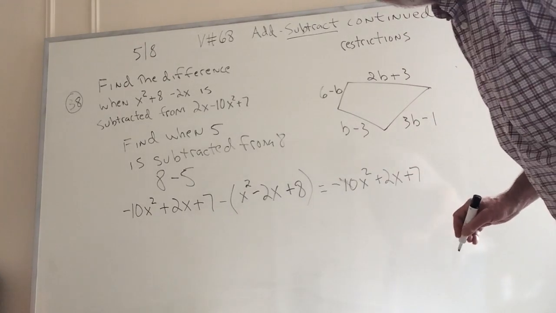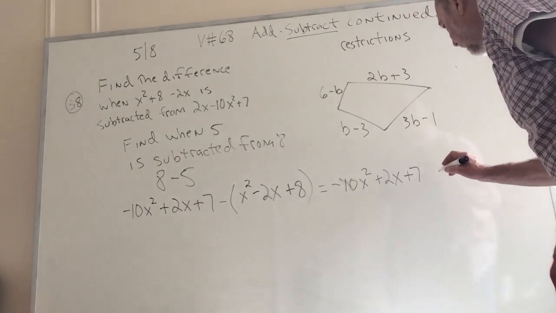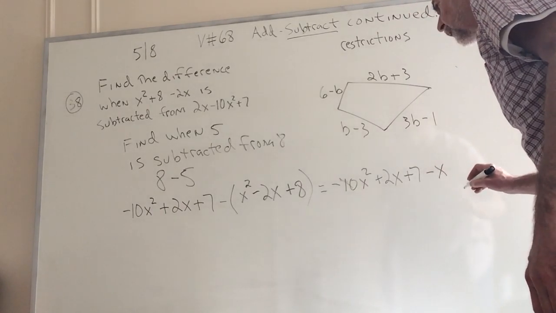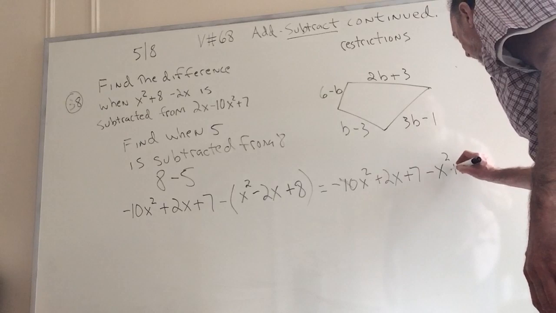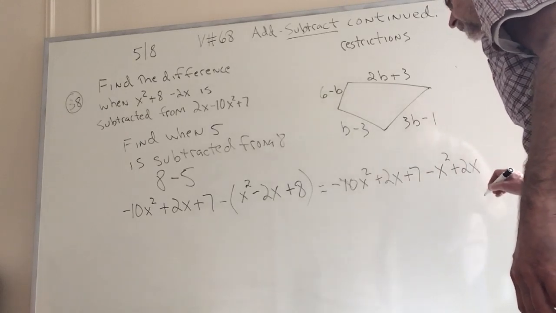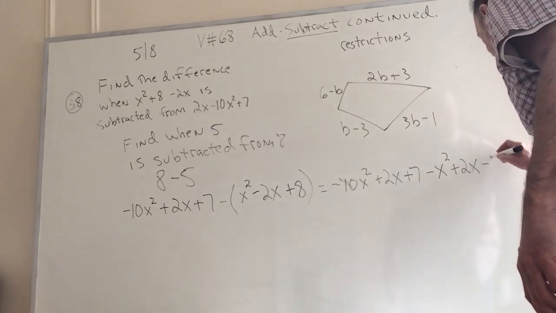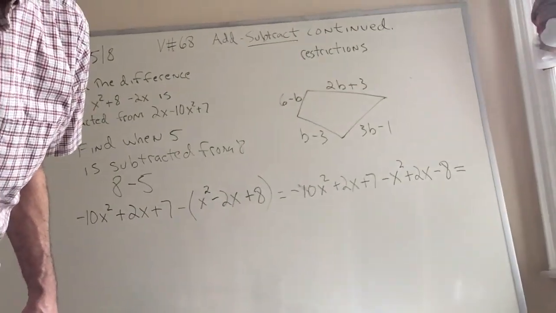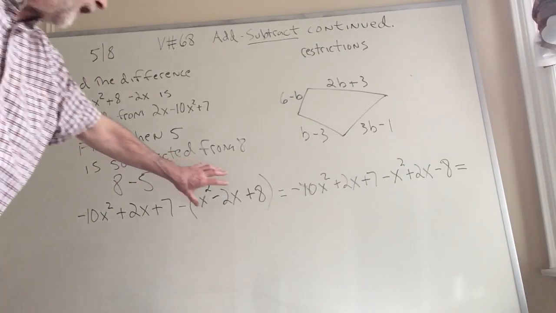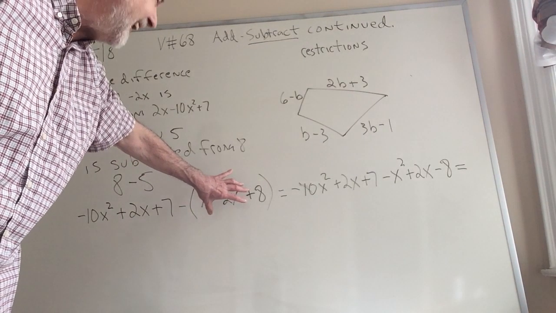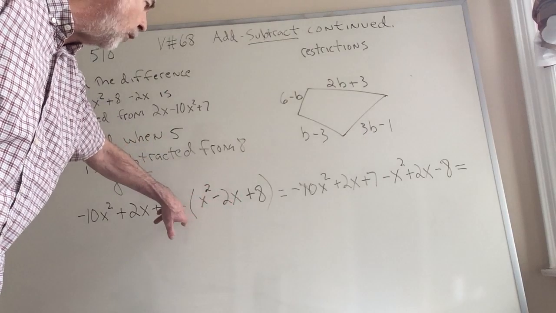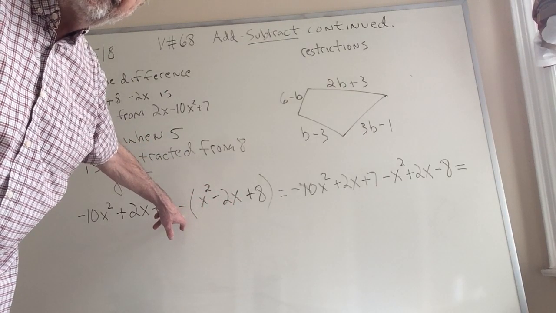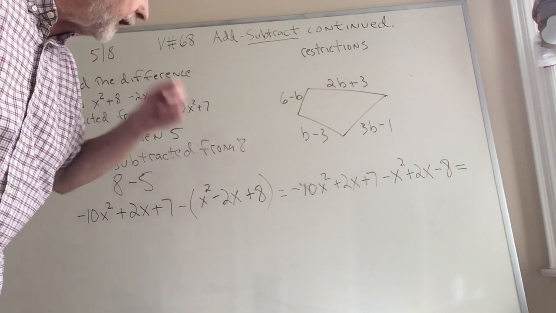I'm going to do it this way because it's the first time. You can do this vertically as well as horizontally, which I'm doing now. You'll have to decide what suits you better. And you see I just took the opposite of whatever was in the parentheses, which was what I was subtracting from. And that's it. That's the idea.